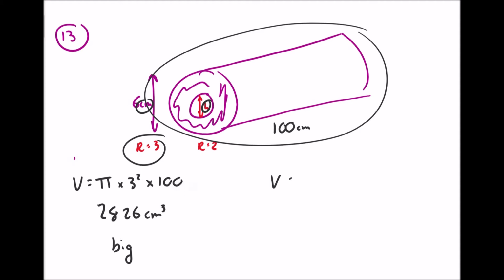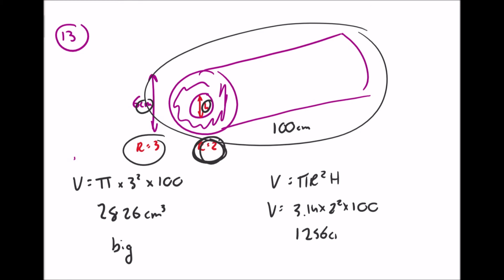Same for the inside one then. Volume equals pi r squared h. Volume equals 3.14 multiplied by the radius, which is 2 squared multiplied by the height, okay, our length, which is 100. Type that into our calculator, and we will get 1256 centimeters cubed.